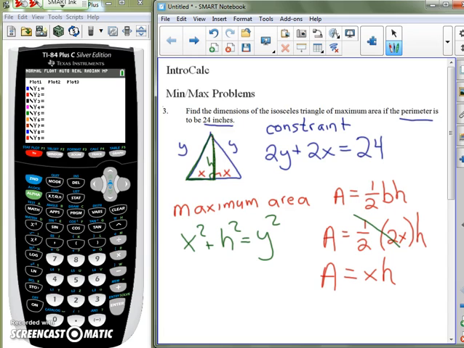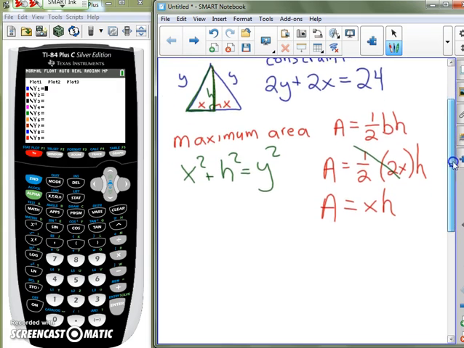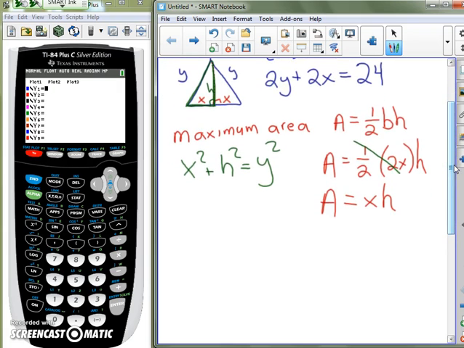So we can get rid of that h that we had to introduce by solving the Pythagorean theorem for h. So h squared is y squared minus x squared. H is the square root of y squared minus x squared.